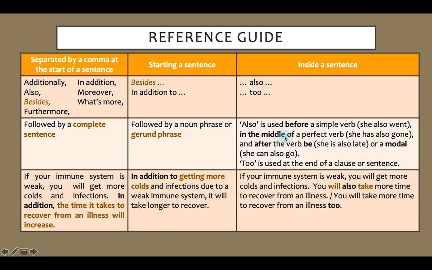It's in the middle of a perfect verb: "she has also gone." So she has gone, we put the "also" in the middle. And we put it after the verb "be": "she is also late." After the "be." And after a modal: "she can also go." So this is after the modal, before the main verb. And the "too" is always at the end of the clause or the end of the sentence.